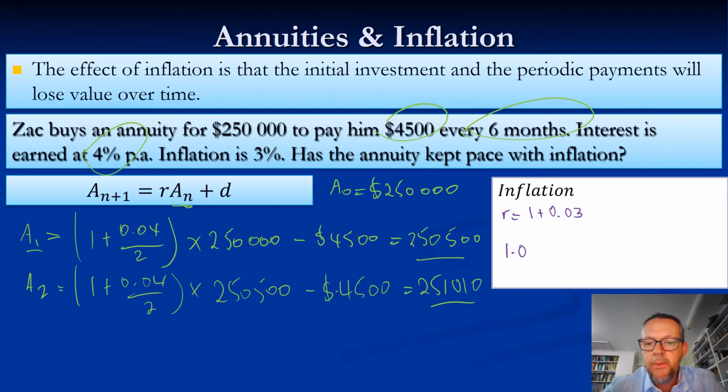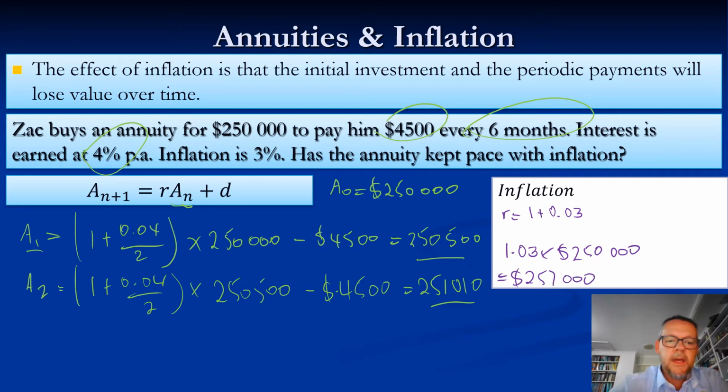So it's just going to be 1.03 times $250,000. So this is what it would be worth down the track, and that should give us $257,500.